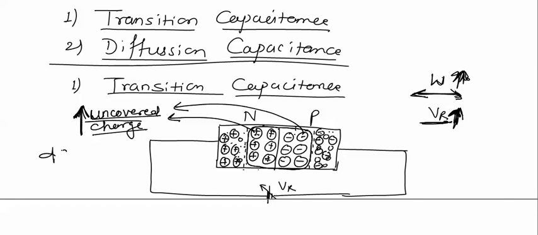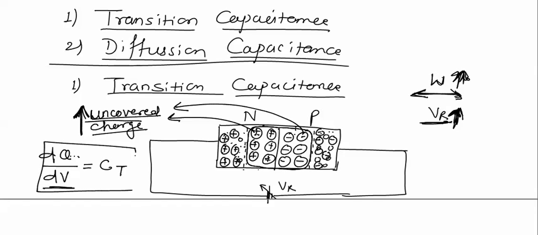So there is a change in uncovered charge with respect to change in voltage, and this is a capacitive effect. This capacitance is called transition capacitance CT.